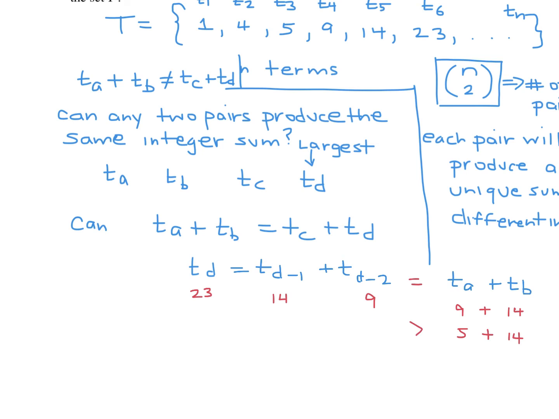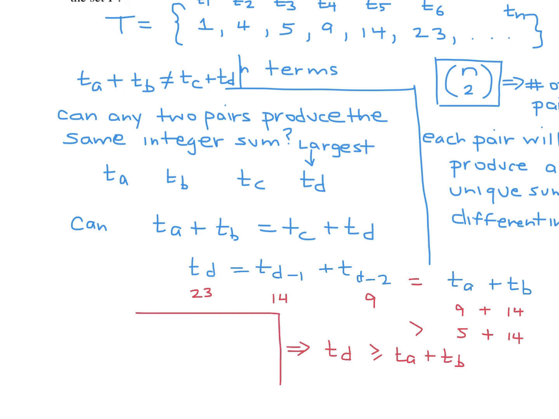So if you combine these two, I've concluded that TD is always going to be greater than or equal to TA plus TB. And I hope when I put in some numbers, it became clear. I just put in those numbers up there. Okay, so this sort of inequality or equality, whatever it's called, I hope is clear. All right.